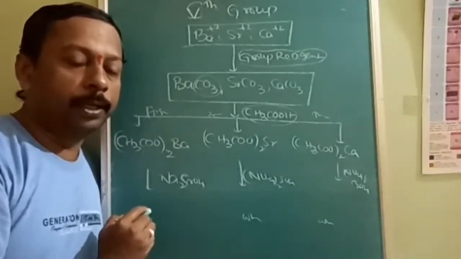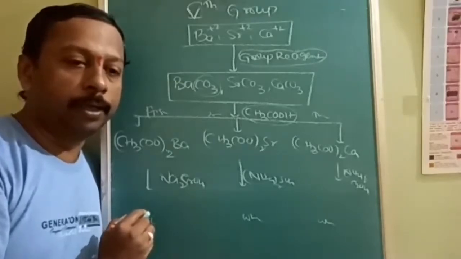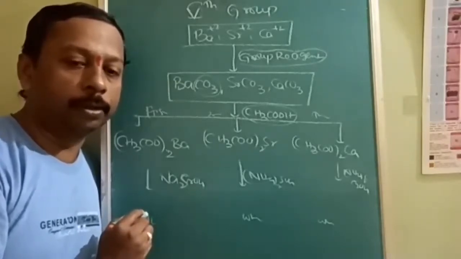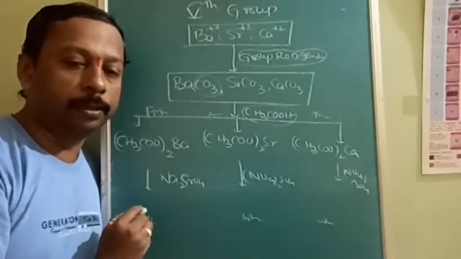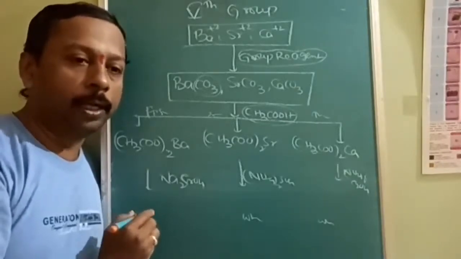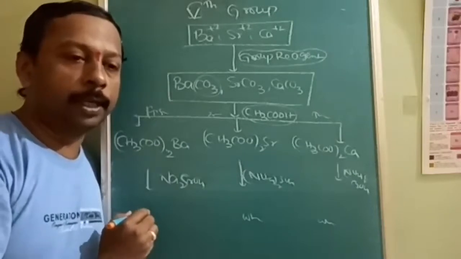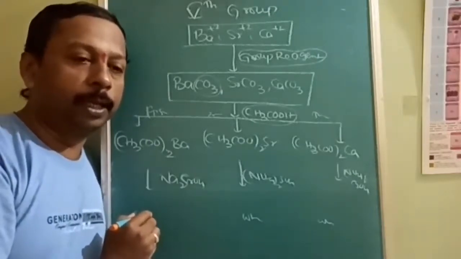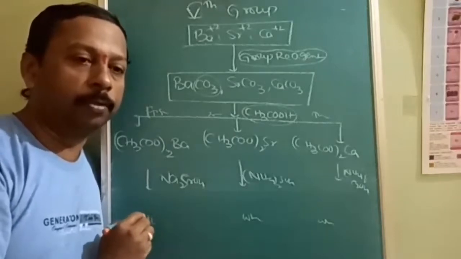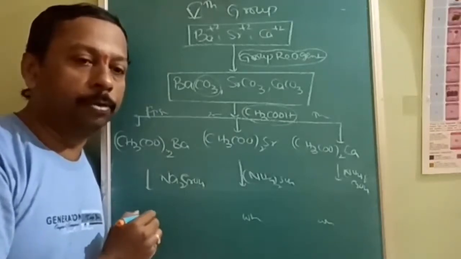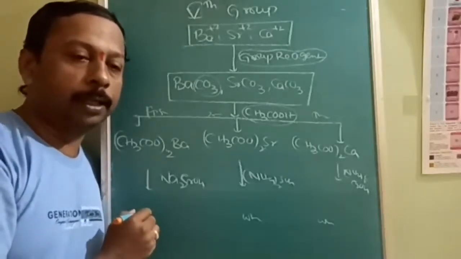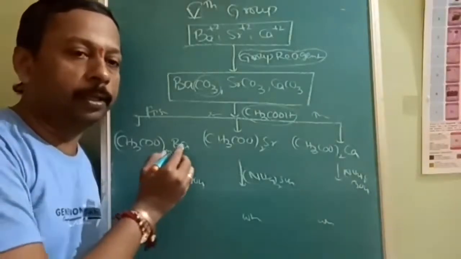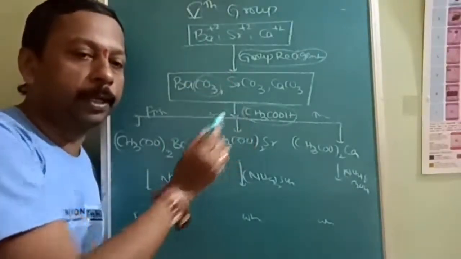Which group basic radicals are precipitated as hydroxides? The third group: iron, chromium, and aluminium are precipitated as hydroxides. Before that, most of them, and the fourth group also, precipitated as sulfides only. But these fifth group elements are precipitated as carbonates.